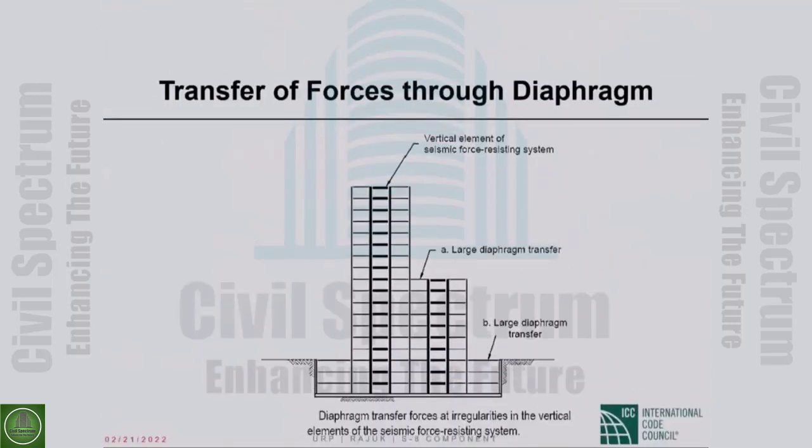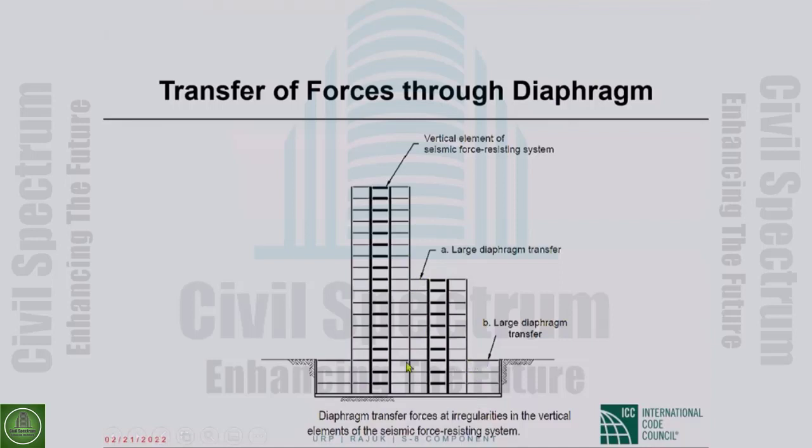When you have this kind of a situation, at this level, the base shear from the upper portion, part of it will go to this seismic force resisting system. It will not all be resisted by just that. So there will be significant transfer through this slab, large diaphragm transfer.